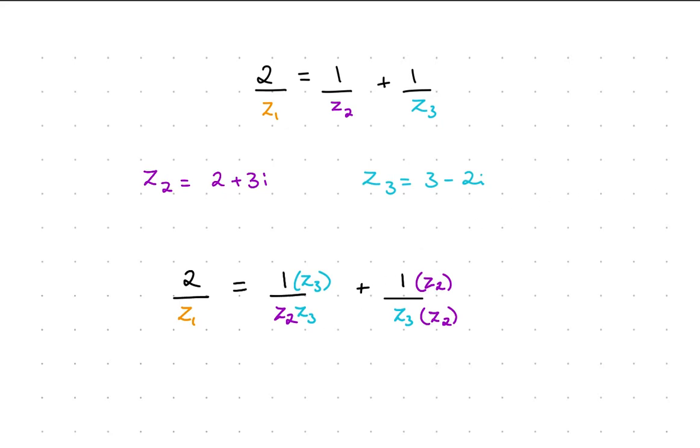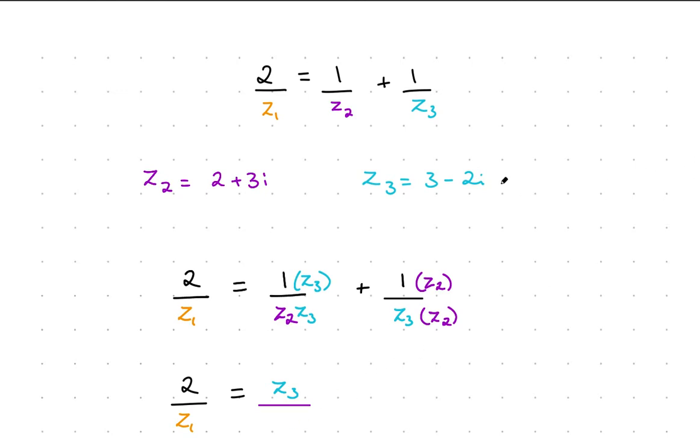Now, tidying that up, I can write that as 2 all over Z1. I've not changed anything about that, so I keep as much as I can the same. And then on this side, I'm going to have Z3 all over Z2 Z3.